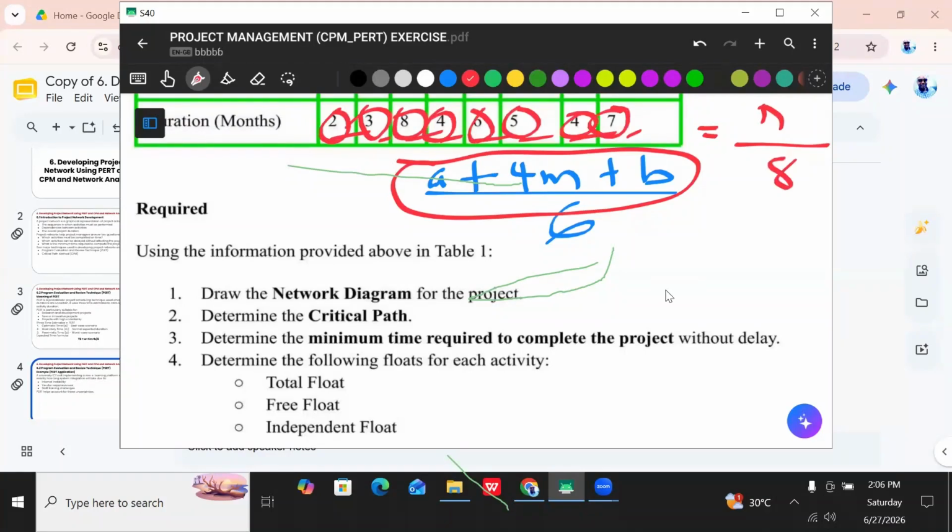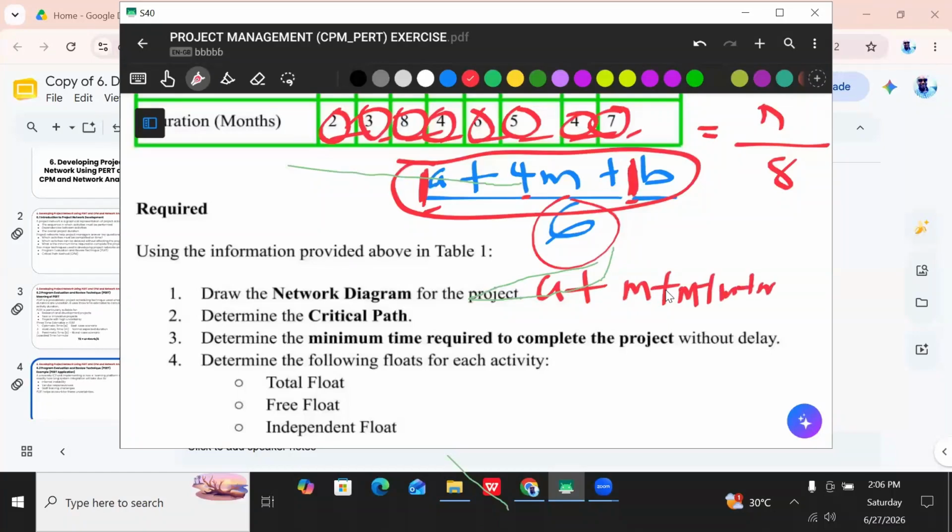Normally this A you are seeing here means there's an invisible 1 here. The B you are seeing here, you have an invisible 1 here. So 1 plus 4 plus 1 gives you what? 6. So, in other words, what you are seeing here is A plus M plus M plus M plus M, then plus B, divided by what now?